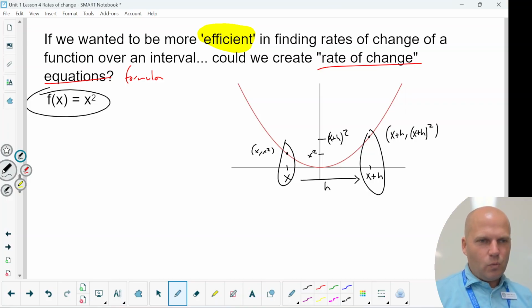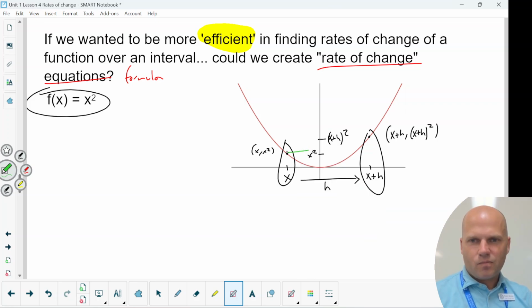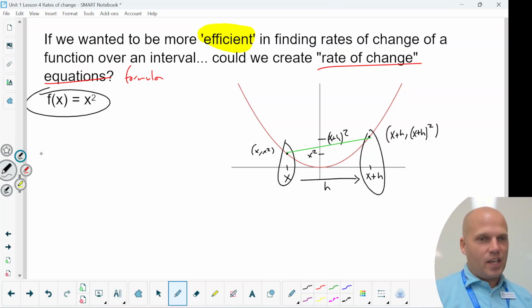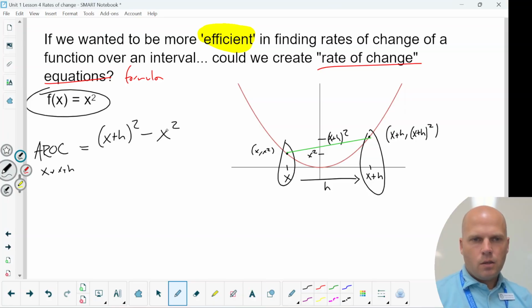Cool. Well, what is the slope between these 2 points? Again, this is a hypothetical. x to x plus h. Well, we're going from x to x plus h. We can use the formula of subtracting our y's and then subtracting our x's.